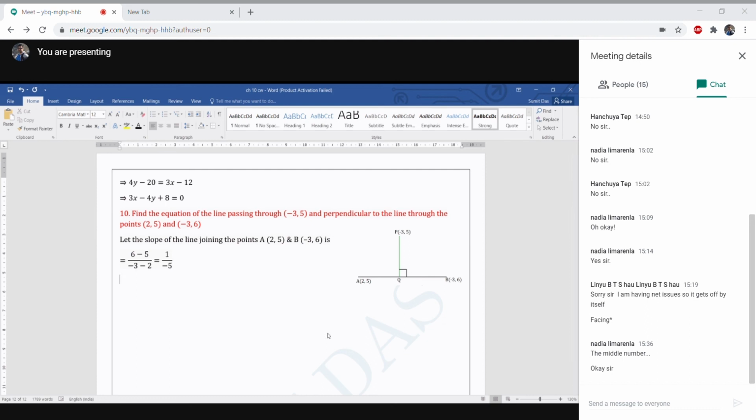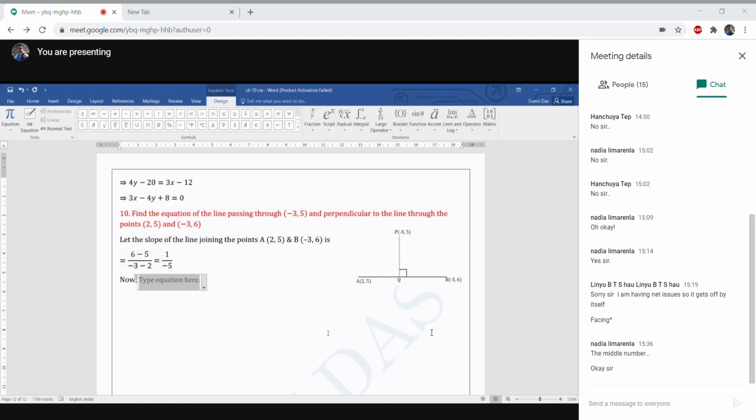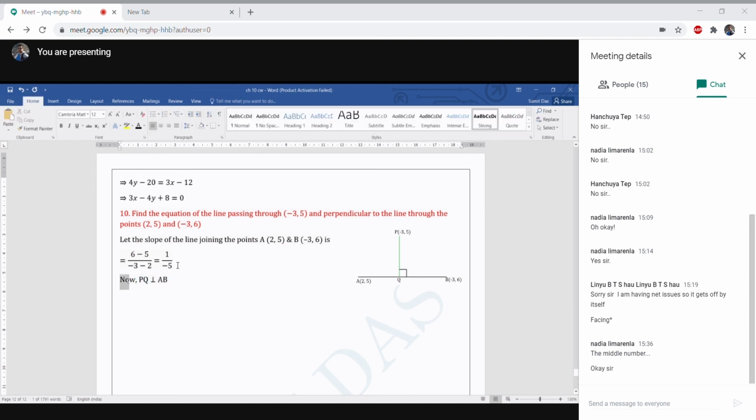Okay, now PQ is perpendicular to AB. Or you can write, given PQ perpendicular to AB. Look here, it says perpendicular to the line.